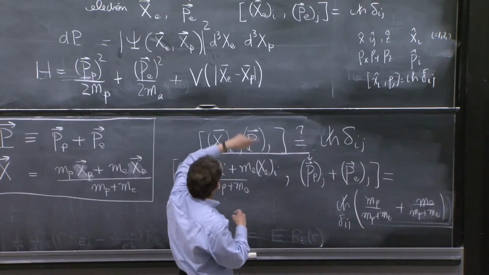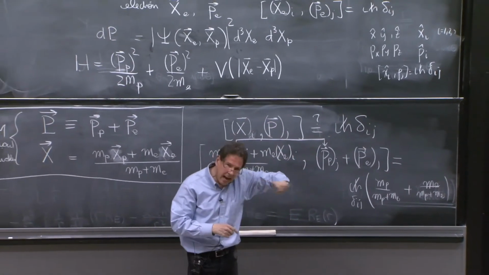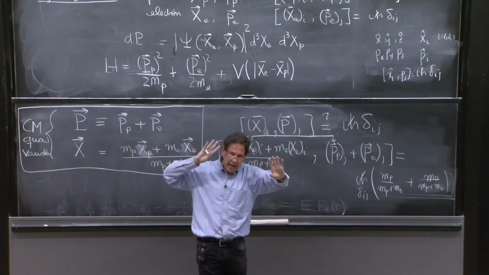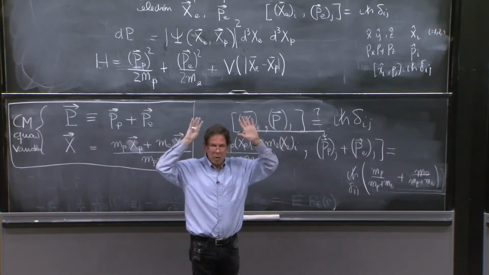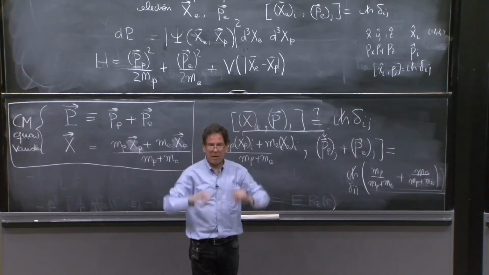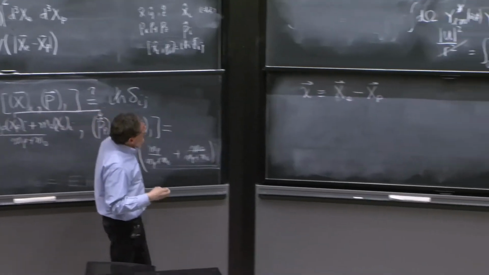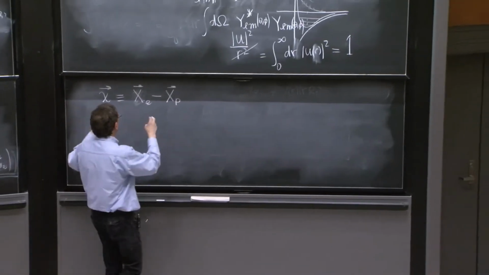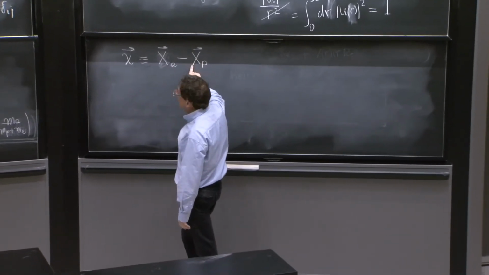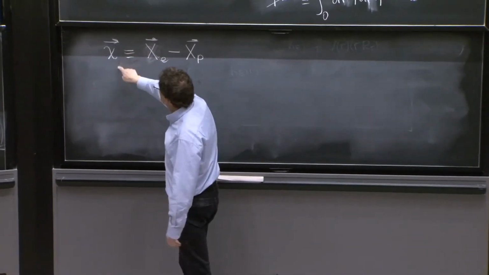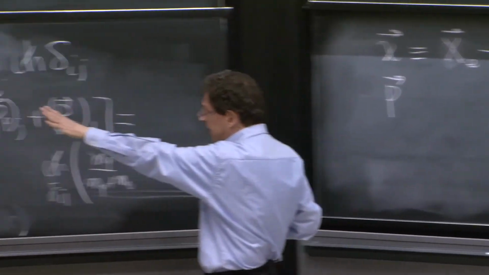I should have written there, not only those are the commutation relations, everything else is zero. Any x of electron with a momentum of a proton is zero. That's why there are two independent pairs of canonical variables that we can treat. It better be that this is an independent pair of canonical variables. So it better be that this x and whatever p I'm going to define here commute with this, guys.